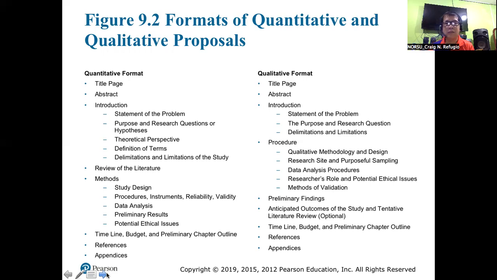Then you can have the preliminary findings, anticipated outcomes of the study, and tentative literature review as an option, then timeline, budget, and preliminary chapter outline, then references, and then appendices.